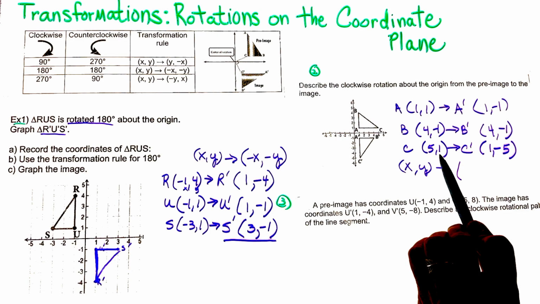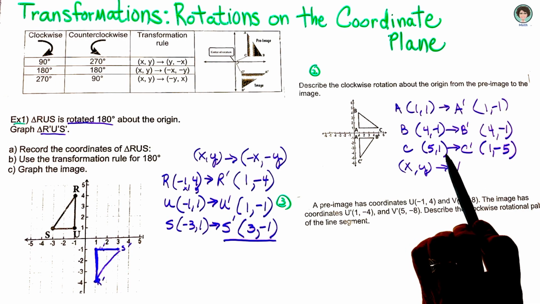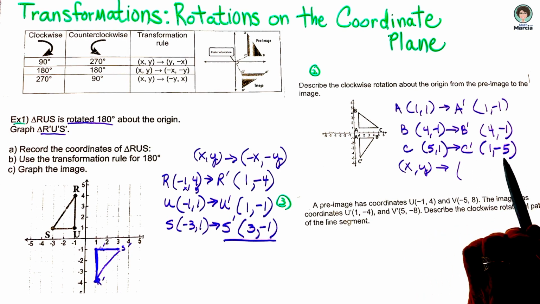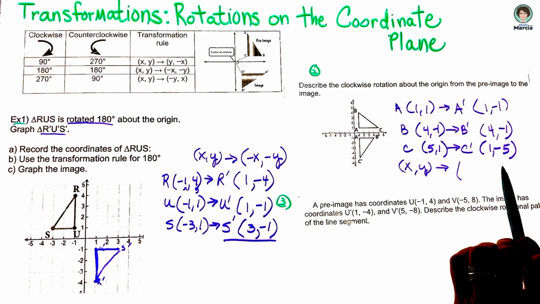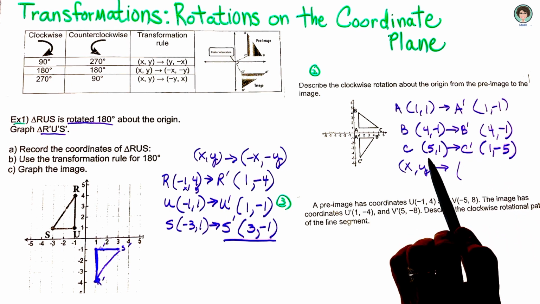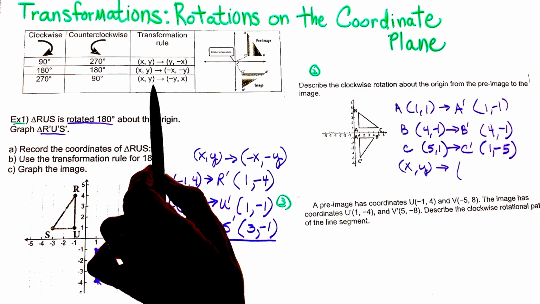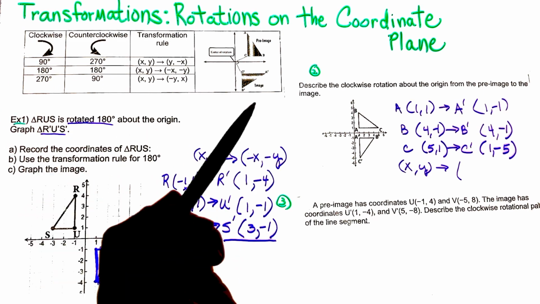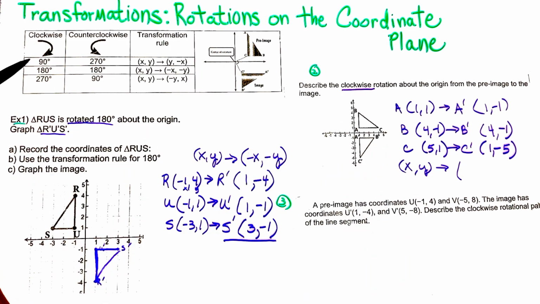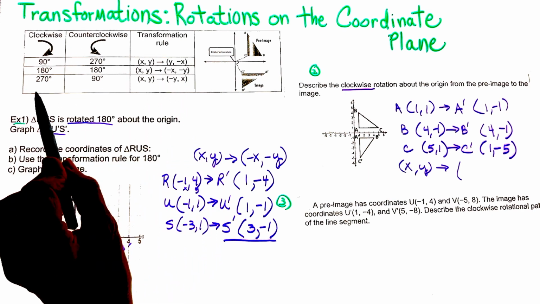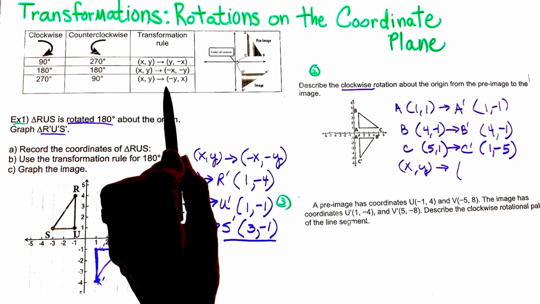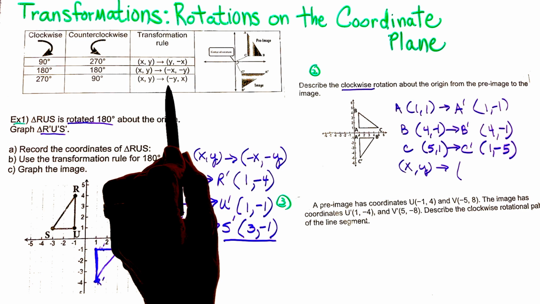Well, let's look at C. I noticed that the Y and the X change places. So when I'm looking at the Y and the X changing places, I can either pick 90 degrees, and it did say clockwise, or I could pick 270 degrees for clockwise.